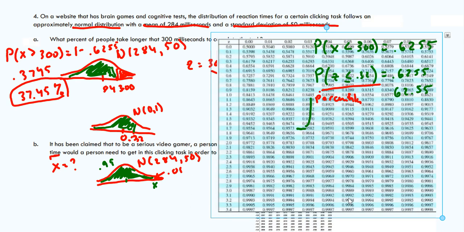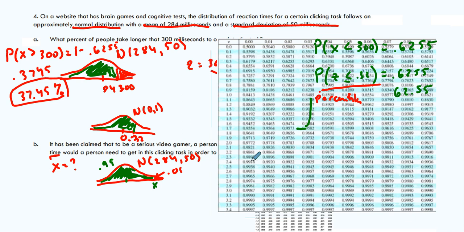If you keep going, 0.99, 0.99, we are getting right about there. This appears to be the 99th percentile, so 2.33.